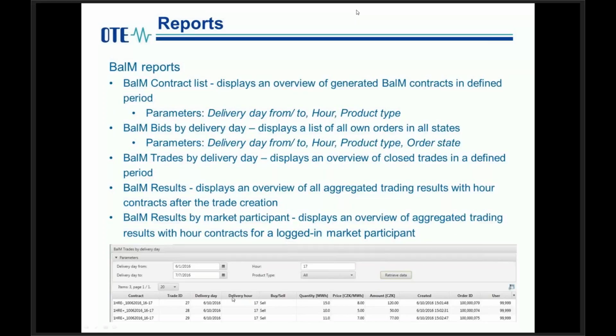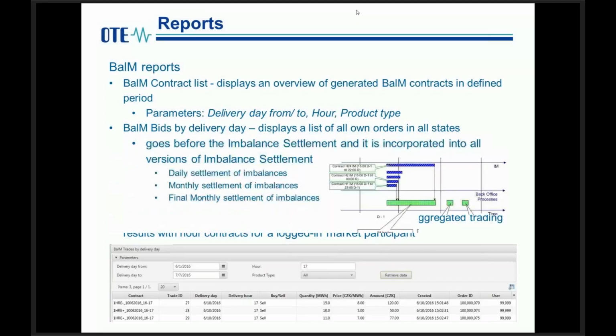You click on individual columns and you can classify the report according to a given number of columns selected. You can define a number of columns for the report to be classified, and this is a general functionality which works in the instance of all the reports within the system.